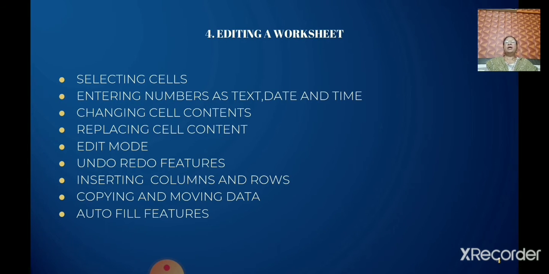How to insert a column? Take the mouse pointer, right click, and choose Insert column, or Insert row. How to copy data from one place to another? Select the data, press Control C, select another sheet and press Control V, or use the Home tab and the Clipboard group for cut, copy and paste.